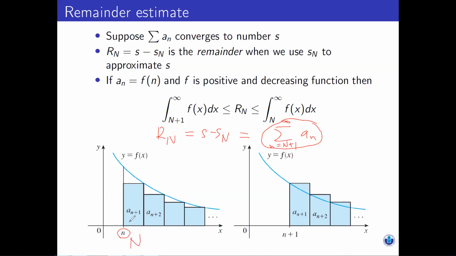The base is always 1, and the height is f(N+1), since this is at position N+1, so a_{N+1} equals f(N+1). So the area of this rectangle is a_{N+1} because the base is 1.